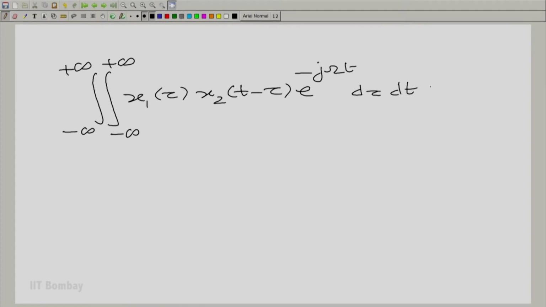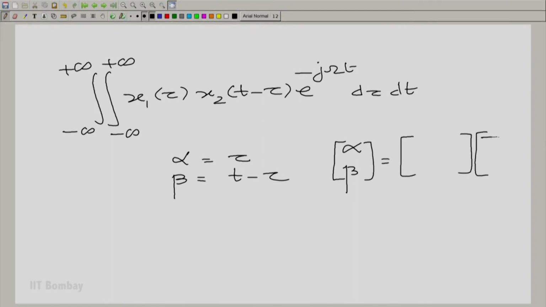And now we make the following transformation of variable. We put alpha equal to tau and beta equal to t minus tau. So, we have this transformation. Alpha is 1 times tau, beta is minus 1 times tau plus 1 times t. So, now we look at essentially a transformation of the element of integration.